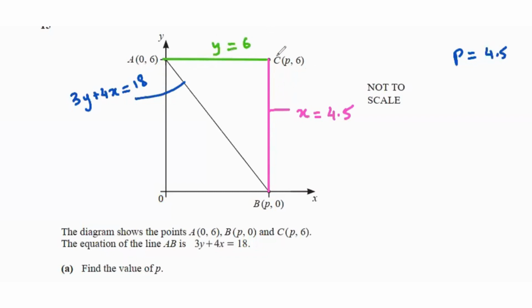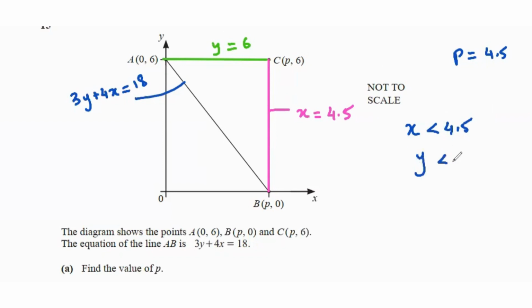Now for the line x equals 4.5, we're looking at the values where x is decreasing, which means the first inequality is x is less than 4.5. Then if you look at the y values, we're looking at the region where y is also decreasing.